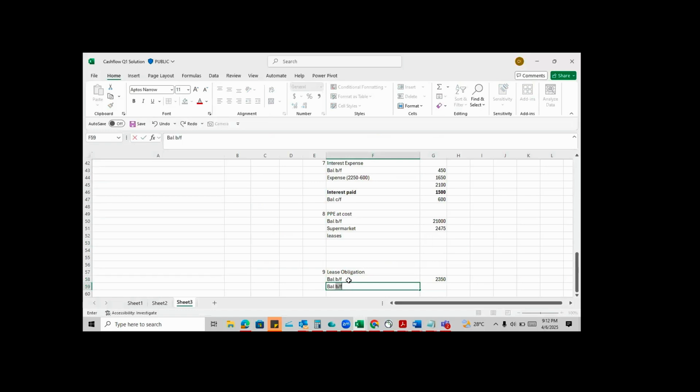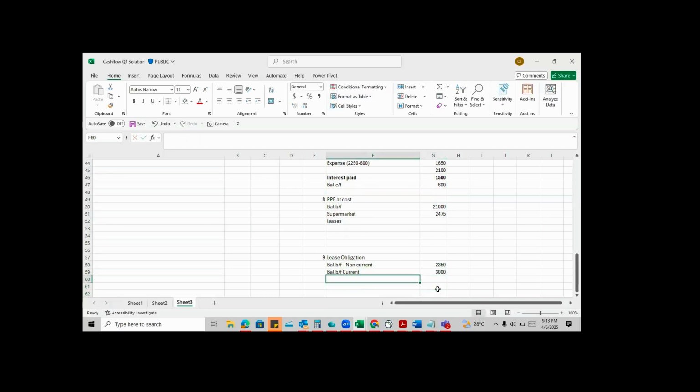Balance brought forward as well. I can put this non-current, and then I can put this as current. Amount is 3,000. Okay.